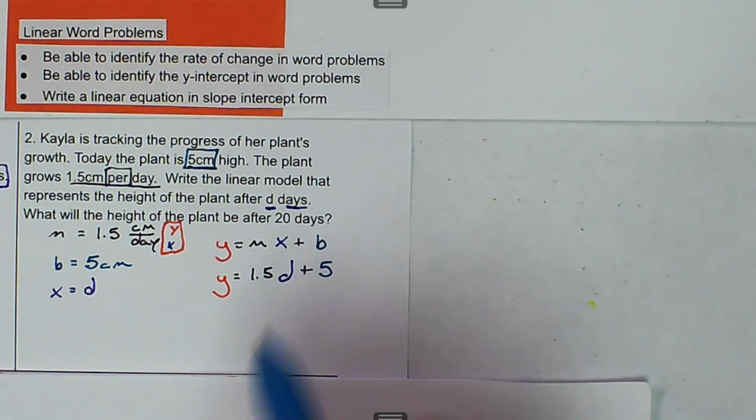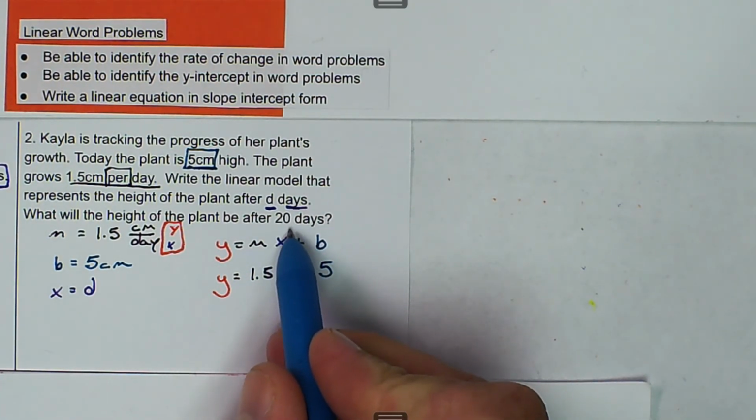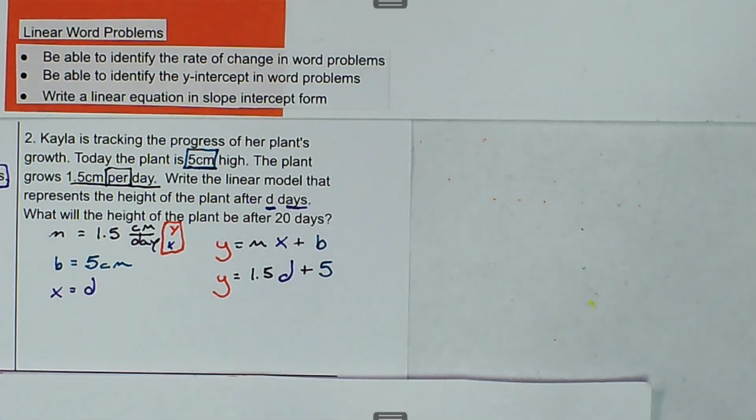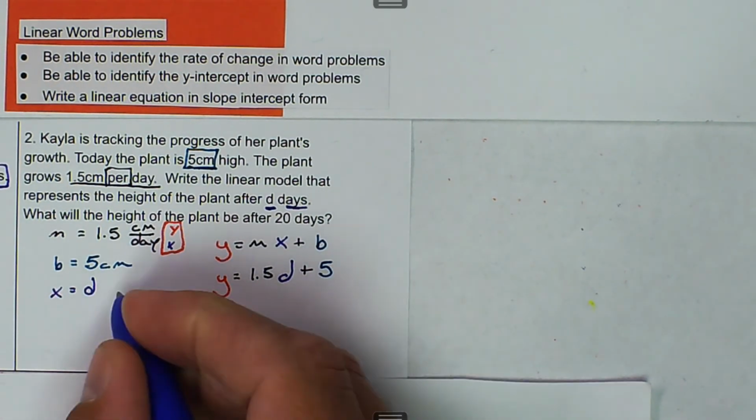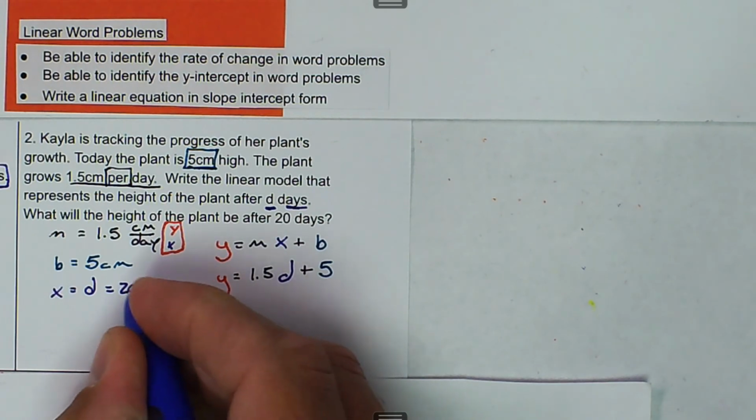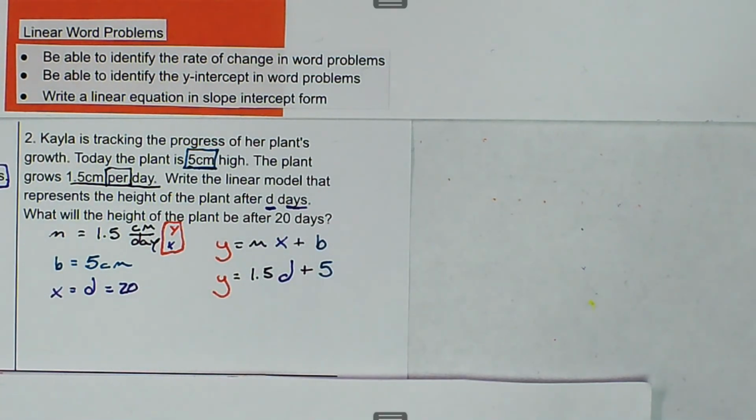Now we can substitute the values in. We have 20 days, so d is equal to 20. So we'll substitute that value in, and then we'll come up with what our y value is.